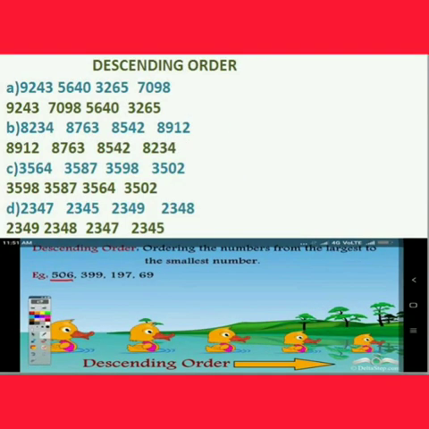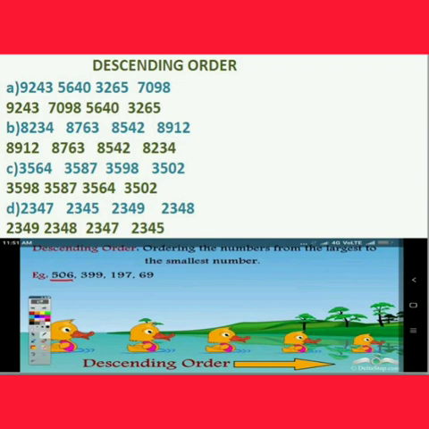Next comes descending order. This is the order of arranging the numbers from biggest to smallest. Look at the first example. First compare the thousands digits and arrange the numbers from biggest to smallest. In the next example, the thousands digits are the same. So we have to move into the hundreds digit and arrange the numbers from biggest to smallest. And in the third example, the thousands and the hundreds digits are the same.